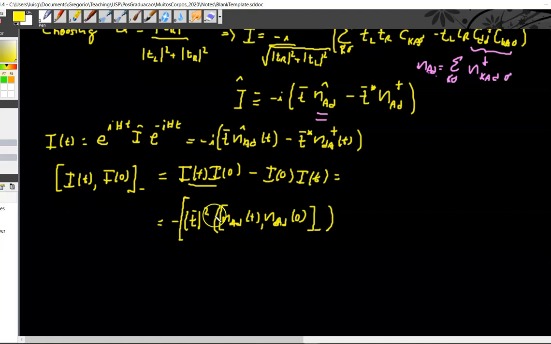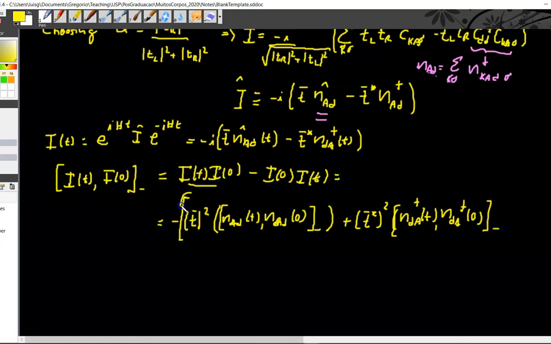Because it comes from this minus i squared. So this term comes from T and T. Yeah, this is not absolute value, just T squared. So there will be a T star square as well, coming from this and the a dagger at T and the a dagger at 0 commutator, because there's going to be this minus, right?